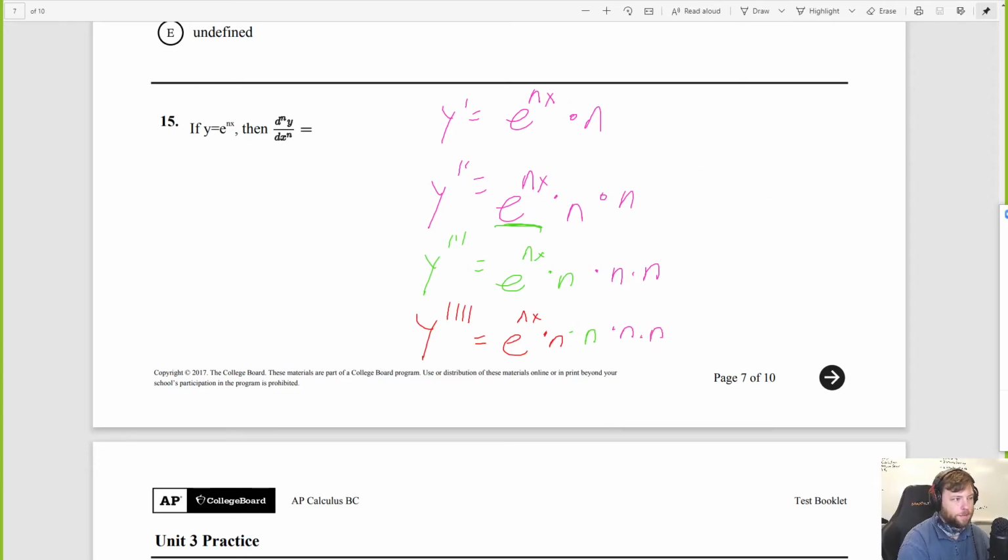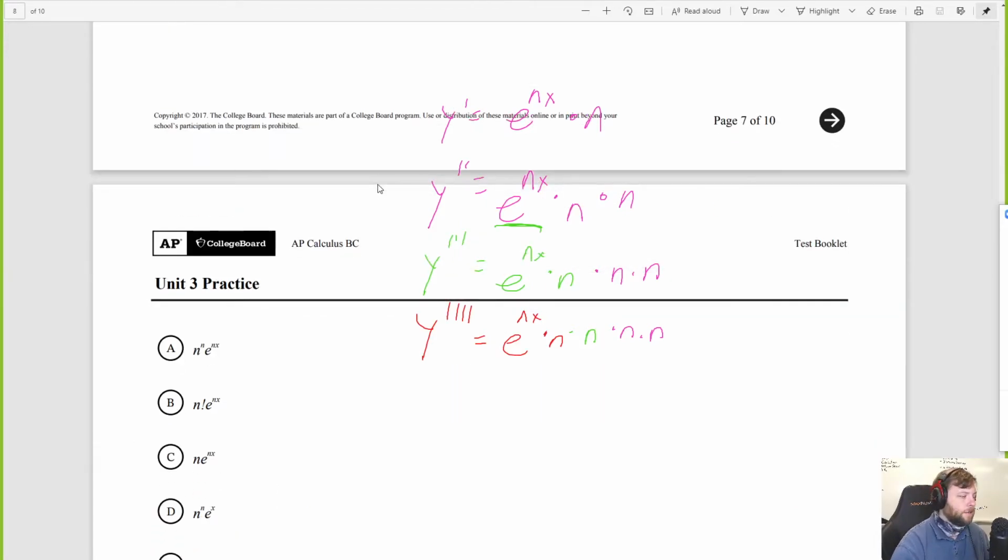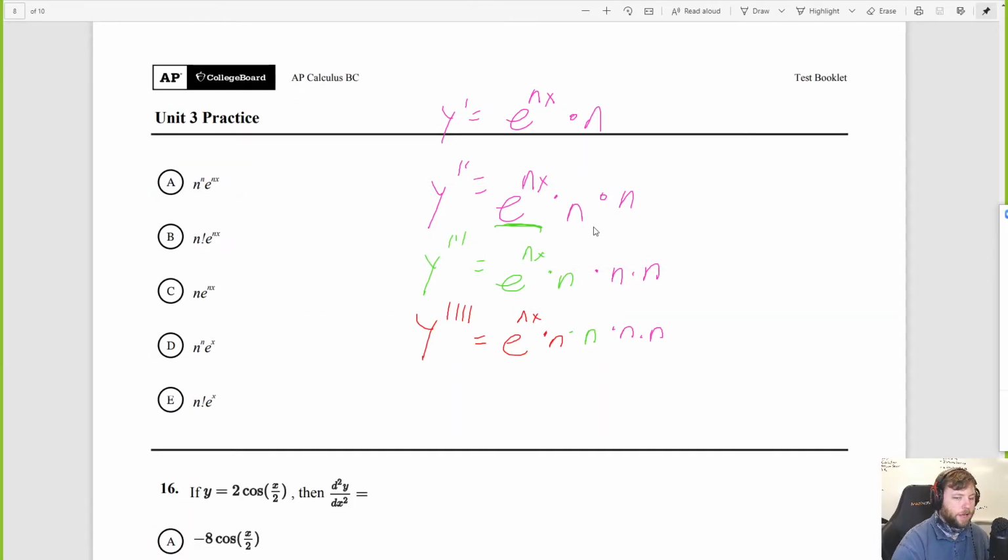I got a pattern going on here. And what's the pattern? I multiply by more n's. I still have e to the nx. I have multiple n's as you keep going, not just one n.